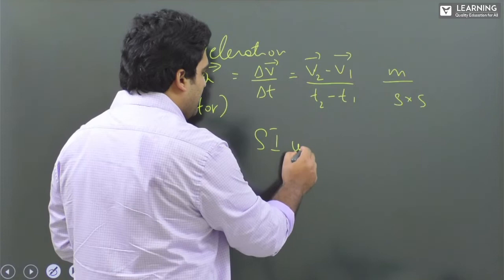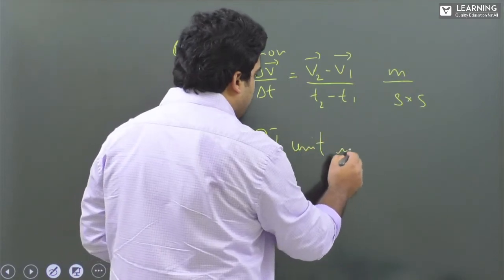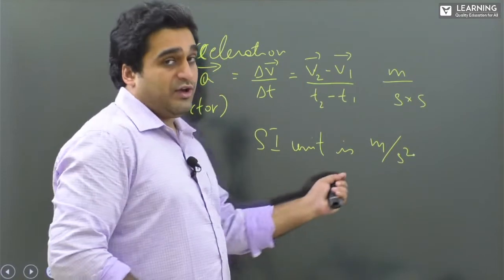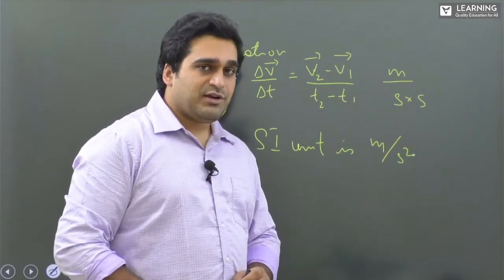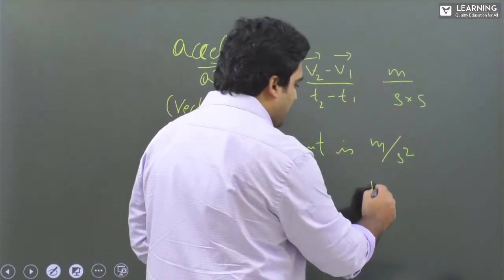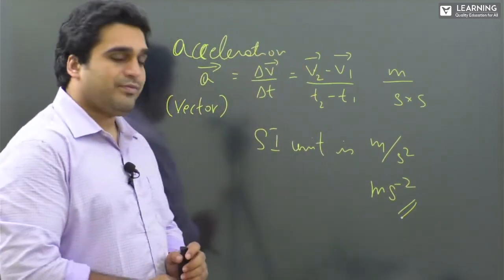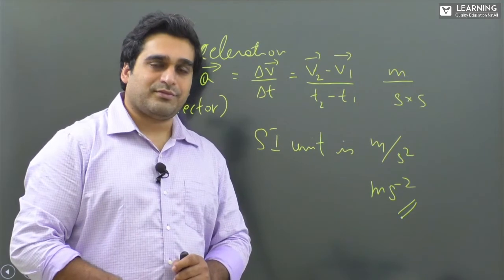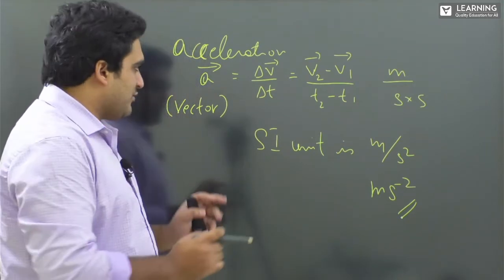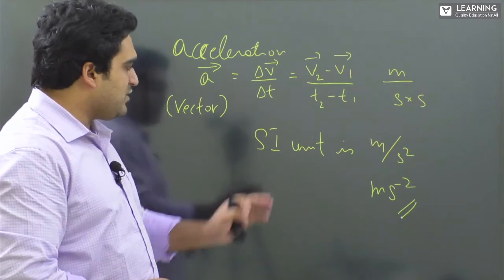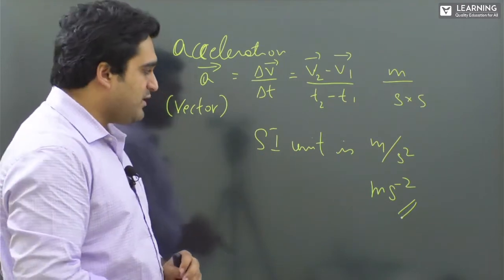The SI unit is meter per second square. You can also put this in exponent form. All right, so this is a general definition of an acceleration with its respective SI unit.